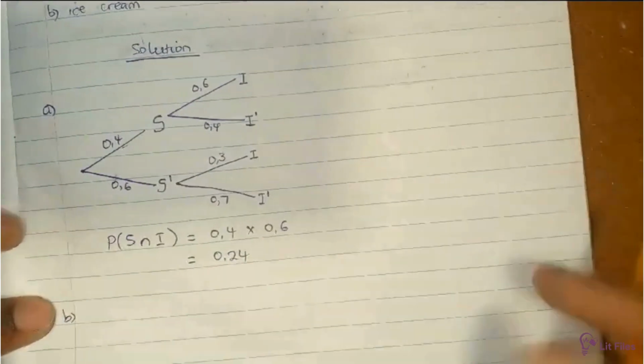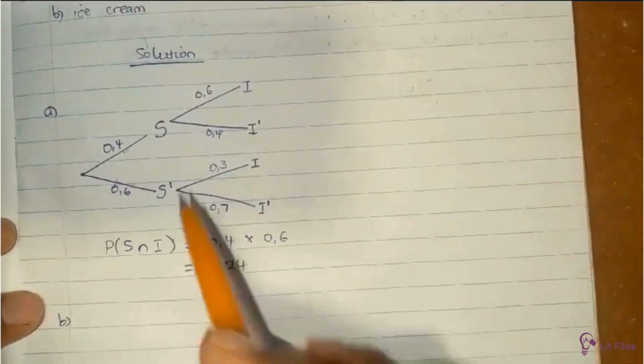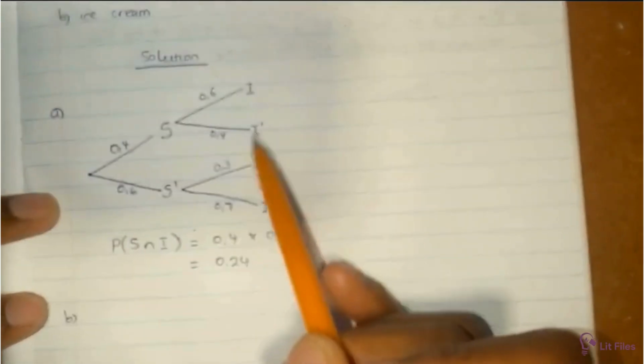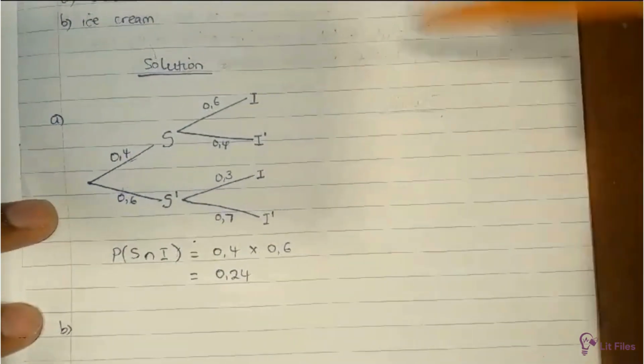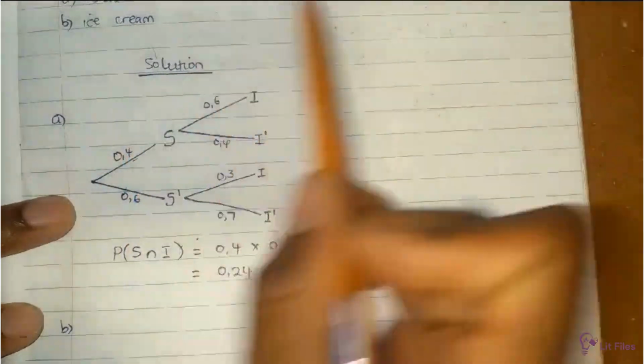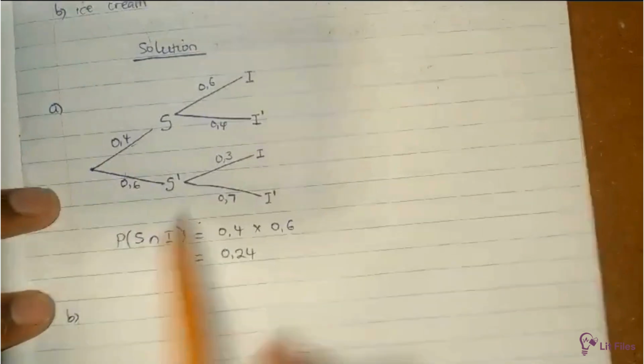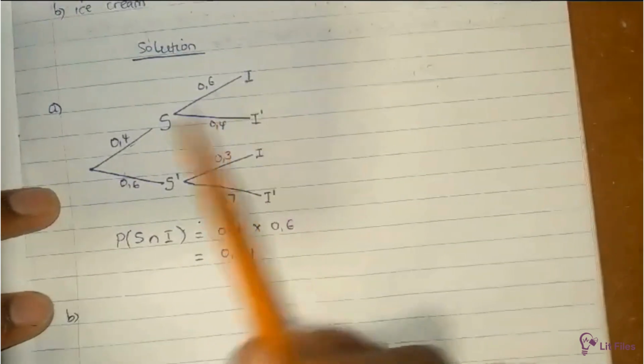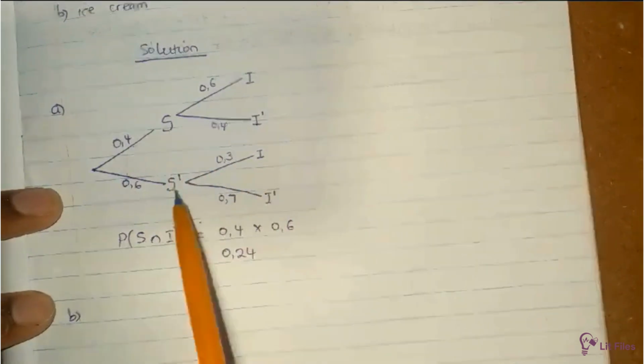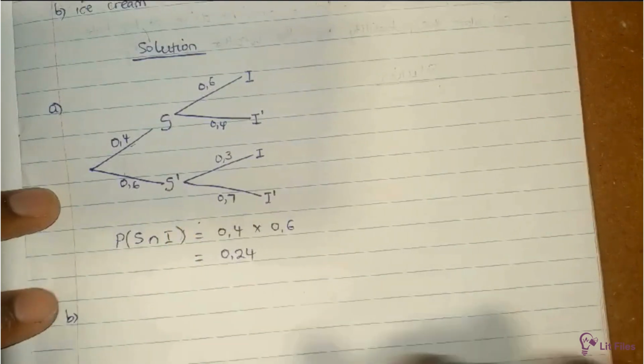For part B, now it's easy from here because we can see all the probabilities for all combinations of events. What is the probability that a randomly chosen customer will choose an ice cream? The customer will choose an ice cream after choosing steak or after not choosing the steak.